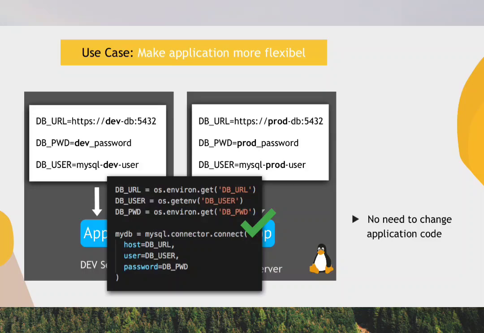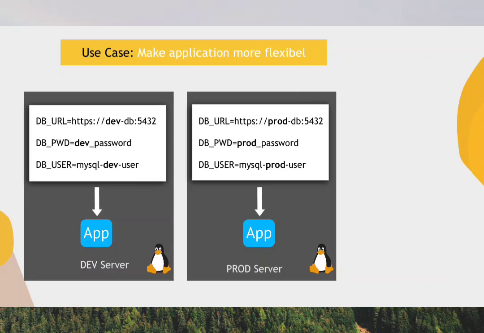And this makes your application much more flexible while also storing all this sensitive data in a secure way on that server where the application is running, so no one can access it. It's like providing parameters to your application, just like we provided parameters to our bash script. So as you see, environment variables are a very important concept in all operating systems. And it works pretty much the same whether you're Linux or Windows or macOS.